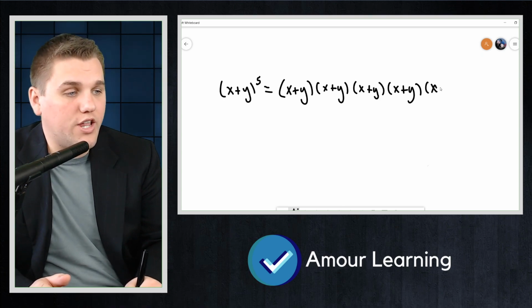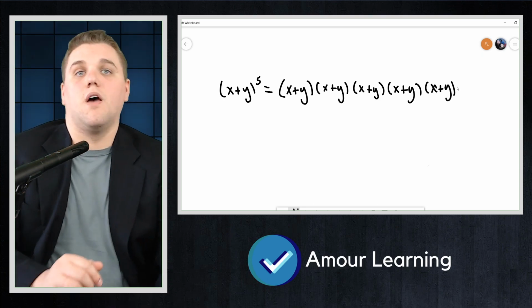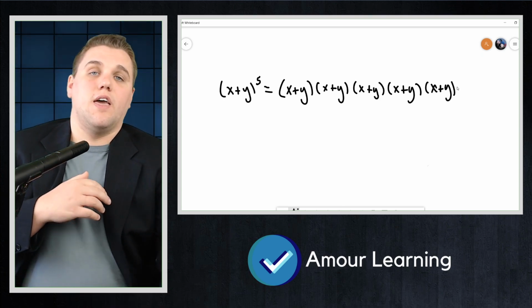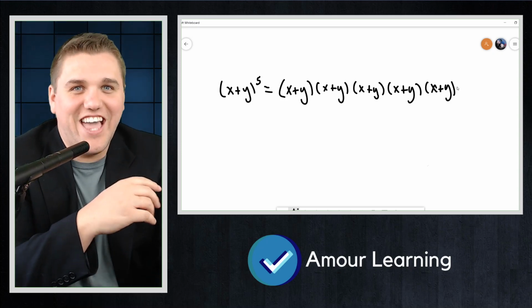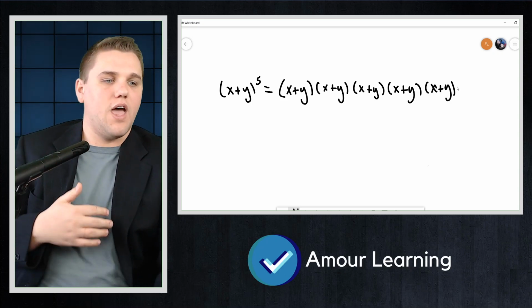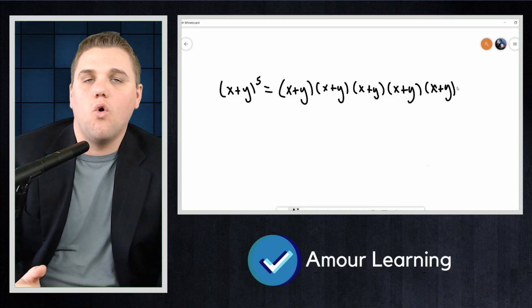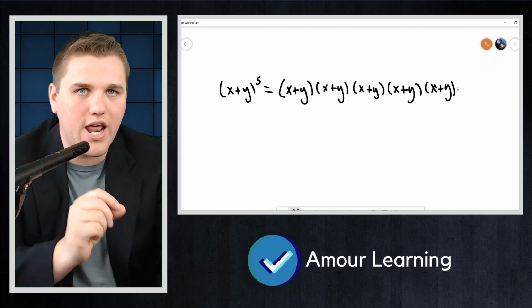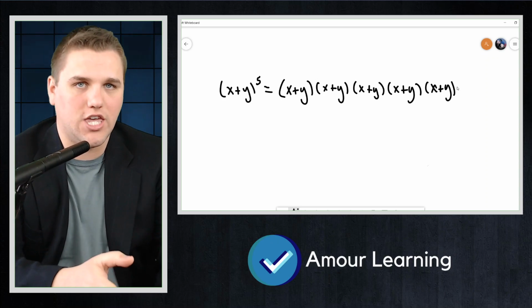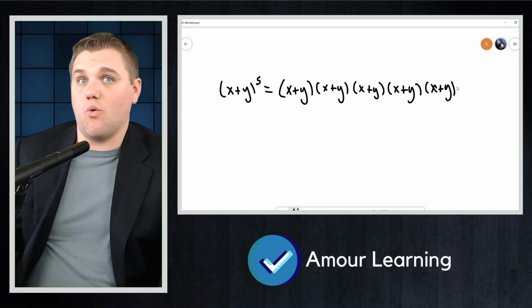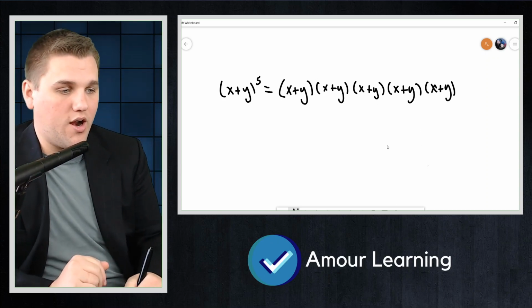This visual is actually really important, and you'll see why in a second. Now, if that looks daunting, go back to the case of x plus y cubed. Why do we only have 1 x cubed and y cubed, but 3 x squared y and xy squared terms?